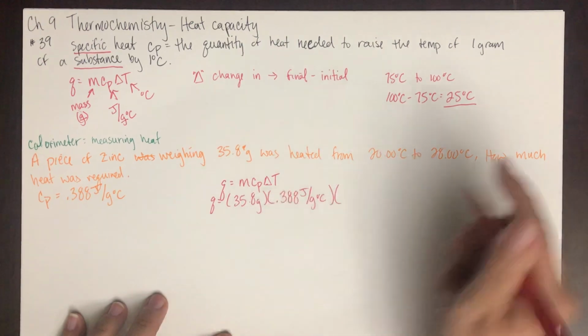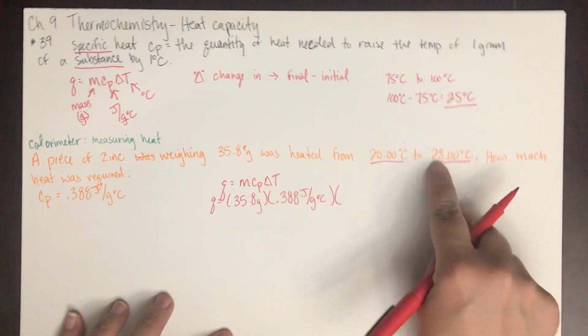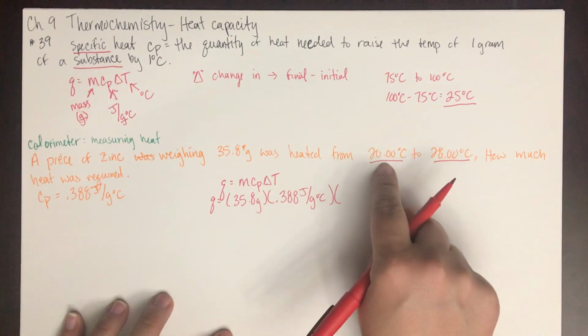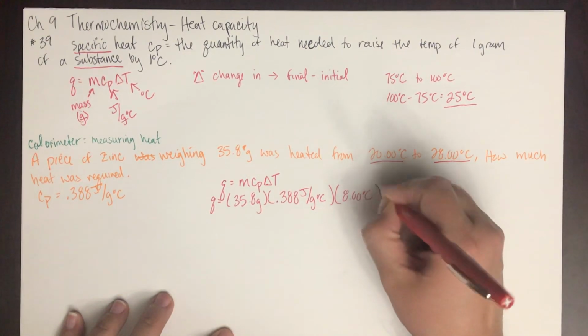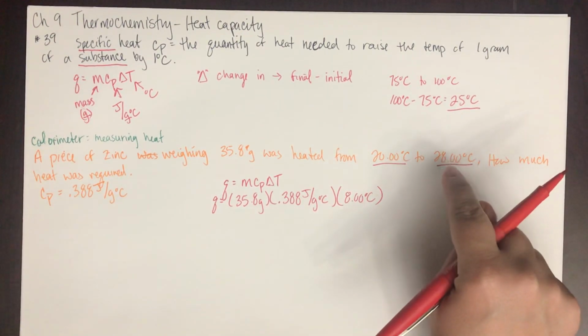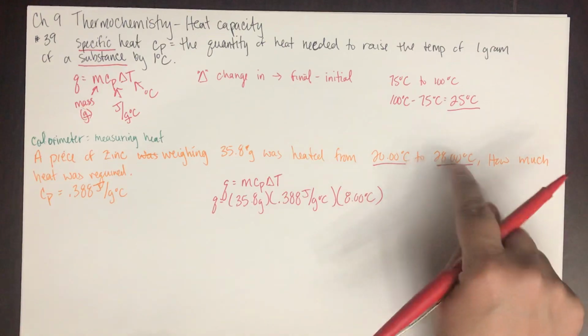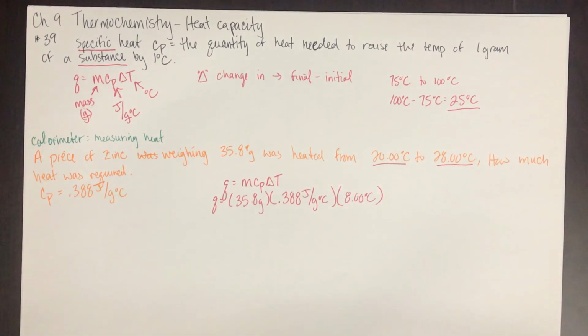Change in temperature, final minus initial, is 28 minus 20, which is 8.00 degrees Celsius. The change in temperature also tells you the sign, because you're increasing the temperature, you're adding heat. This is endothermic, because it's not the zinc giving off the heat, you're adding the heat.